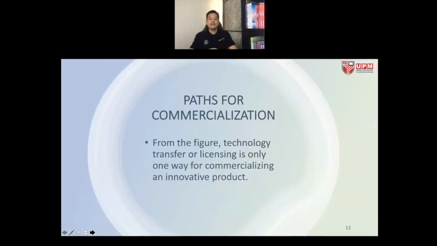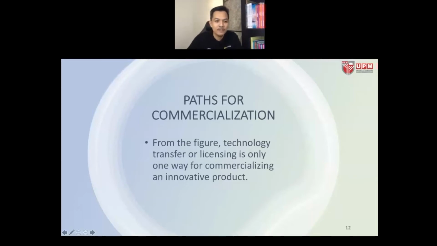Right. Let us look into the next part of the topic today, which is the path for commercialization. As I highlighted, we have already looked into 2 paths of commercialization, and today we are going to look into the other one. So from the previous figure, the technology transfer or licensing is only one way for commercializing an innovative product.